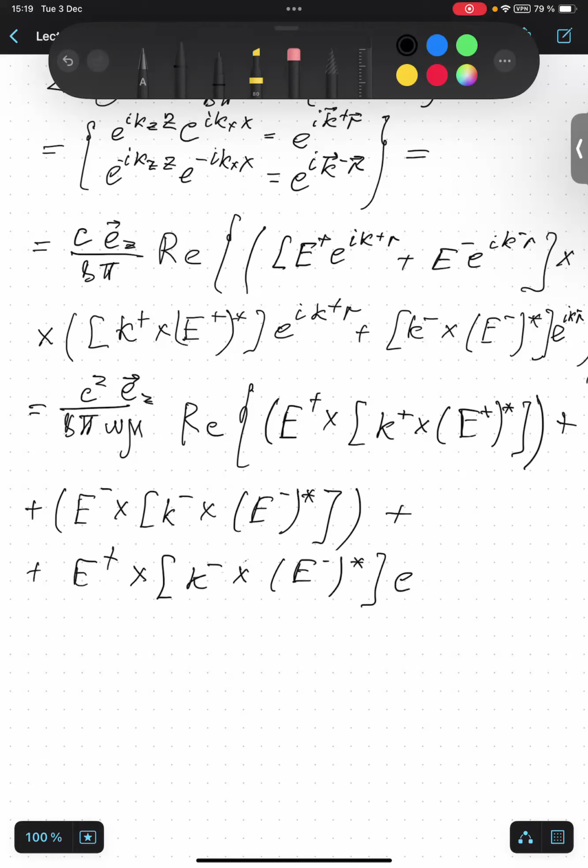Also exponent, I will write it like ik plus minus ik minus r.